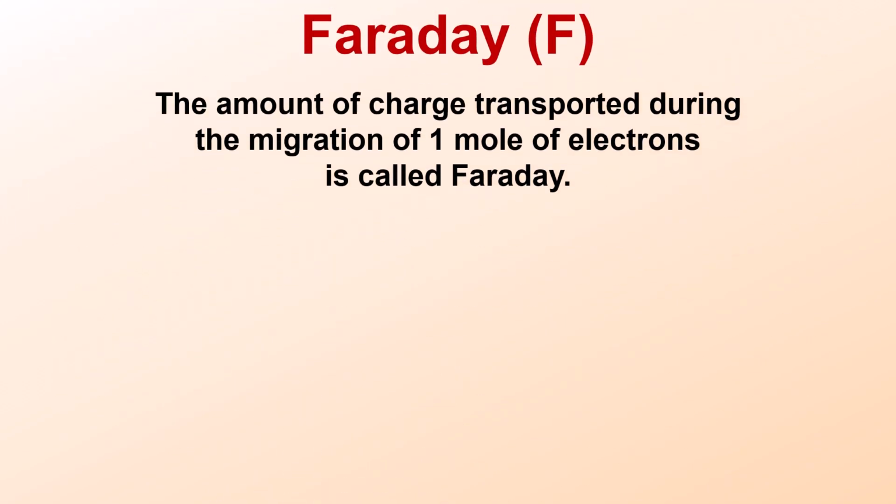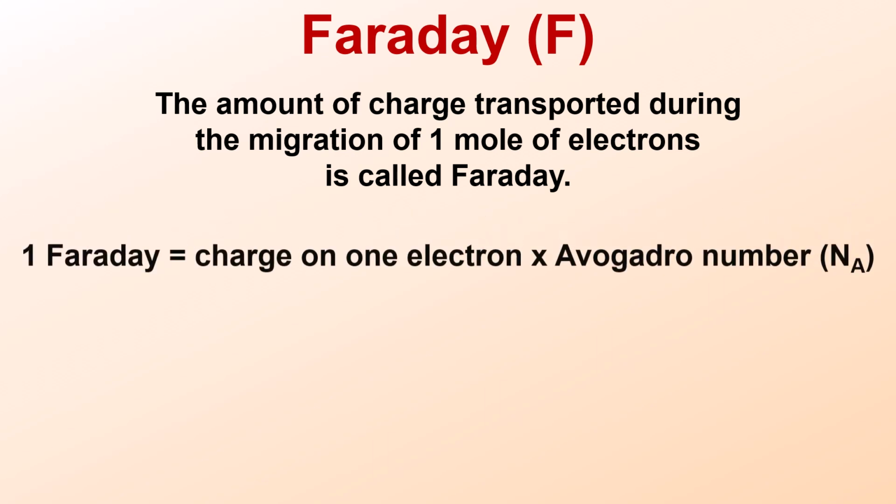Now let us introduce one more important concept known as Faraday. Faraday is defined as the amount of electric charge carried by 1 mole of electrons. Mathematically, 1 Faraday is equal to charge on 1 electron multiplied by Avogadro number Na.